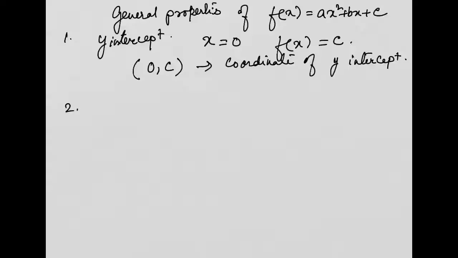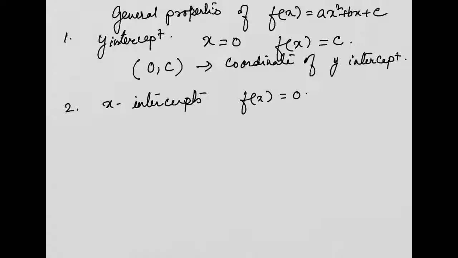Now, the second property is the x-intercept. This is what we call the zeros, or the solutions or roots of the quadratic equation for this curve or function. We can say zeros or x-intercepts. This only occurs when y itself becomes 0.